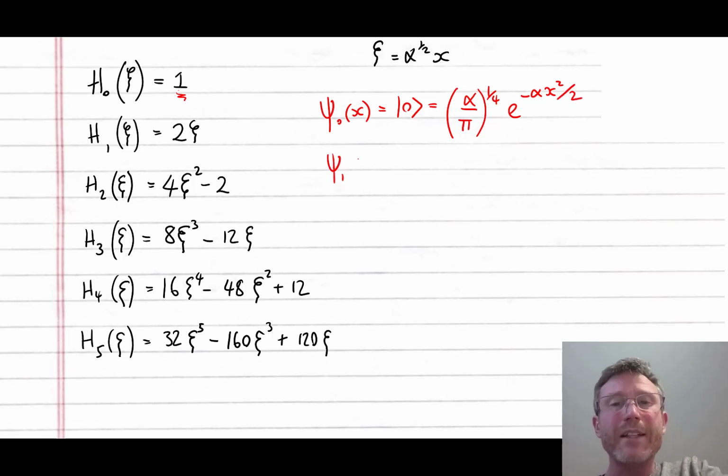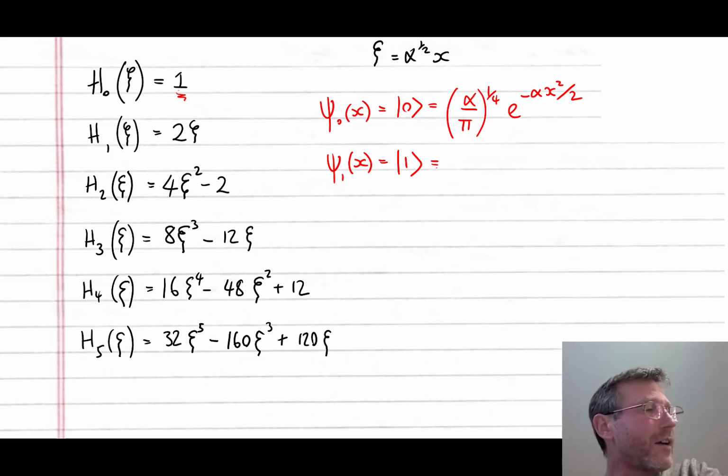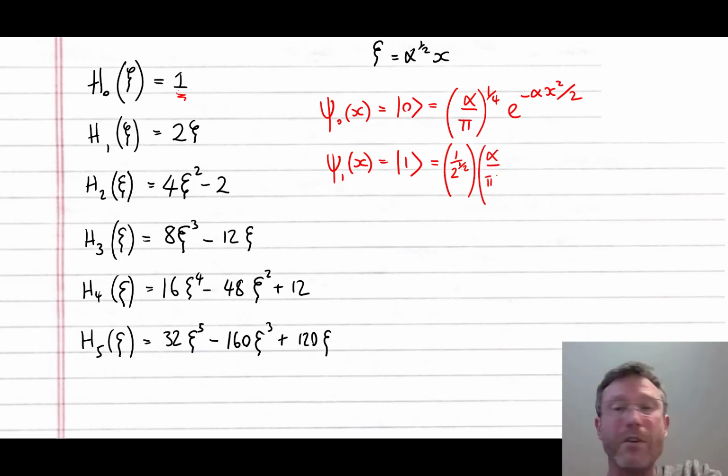It starts to get a little bit more complicated when our quantum number is equal to 1. How would we write that in our bracket notation? We've got a 1 just inside our ket. We have to do a little bit of work in here. We end up first with 1 over 2 to the half, our normalization constant, and then we've got alpha over pi, raised to the quarter. And then we've got our 2 xi in here, so I'm going to multiply by, what's xi?